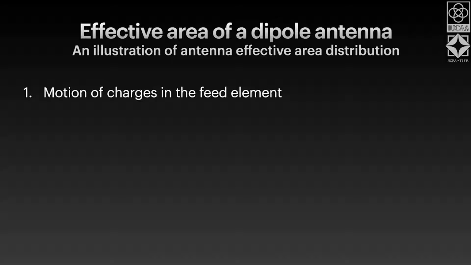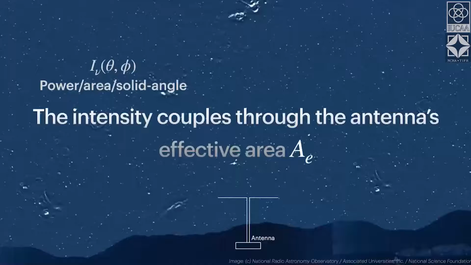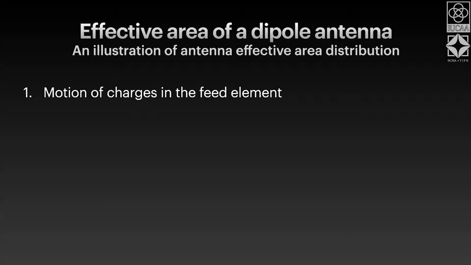I'll give a small illustrative example of how to understand this effective area. We'll take a dipole antenna. First, we will see it as an emitter, a transmitting antenna, and see what the power pattern looks like, and then try to understand how it would be for a receiving antenna.